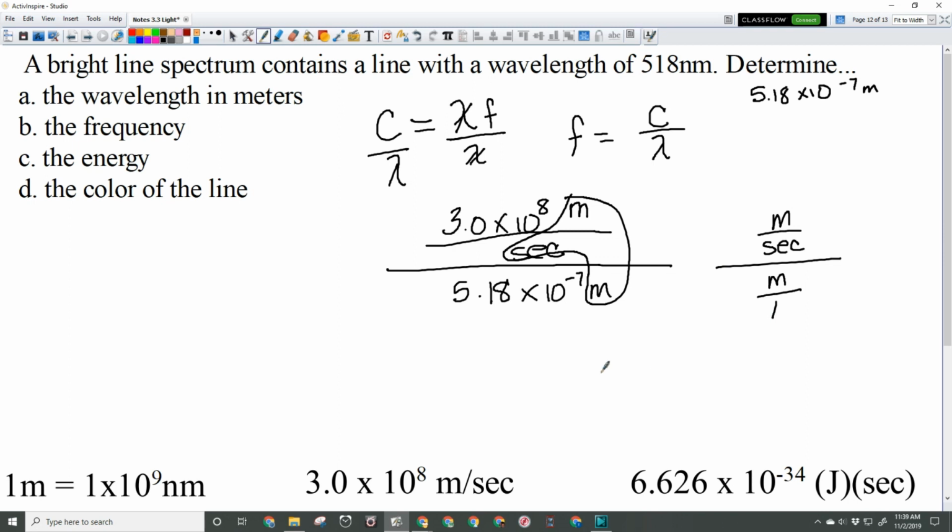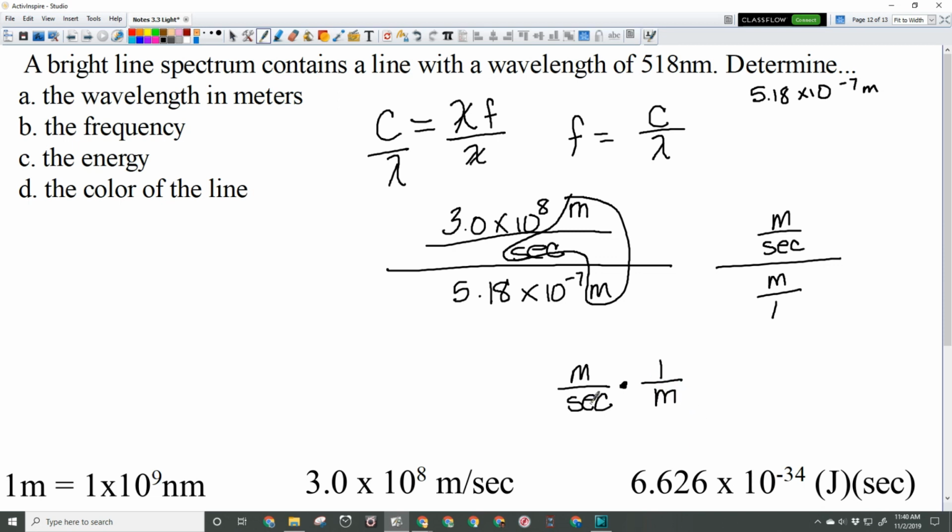Now, if you think back to your algebra, the way that we divide fractions is, I don't remember what I heard a couple of weeks ago, keep, flip, and multiply or something like that. But I remember it as you multiply by the inverse. So I'm going to keep meters per second and multiply by the inverse of the denominator, which is 1 over meters.